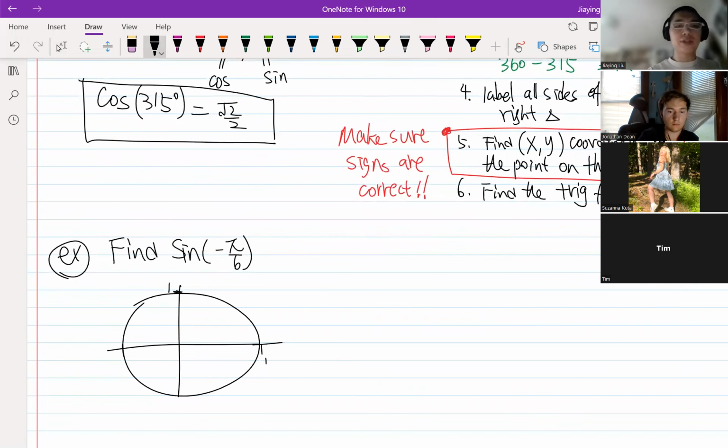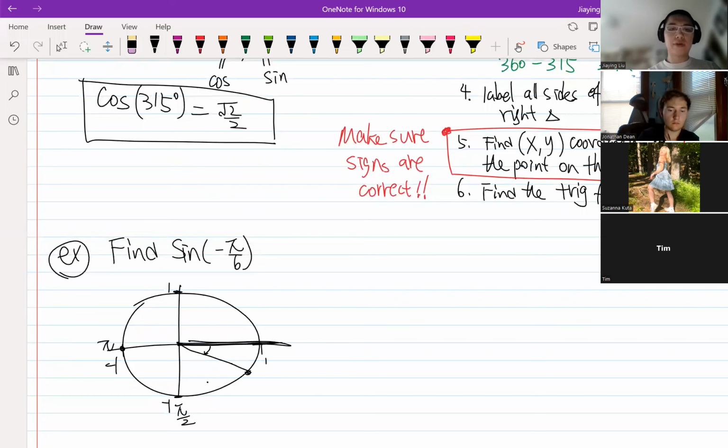You don't have to label the ones and negative ones if you're comfortable with it. I'm going to plot the angle -pi/6. I begin at the positive x-axis and draw a negative angle, going clockwise. I know this is pi, and if I divide it into 6 parts, this is pi/2, divided into 3 parts, 1, 2, 3, so I get pi/6.